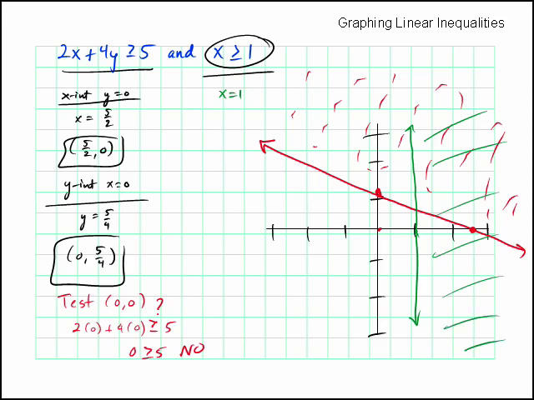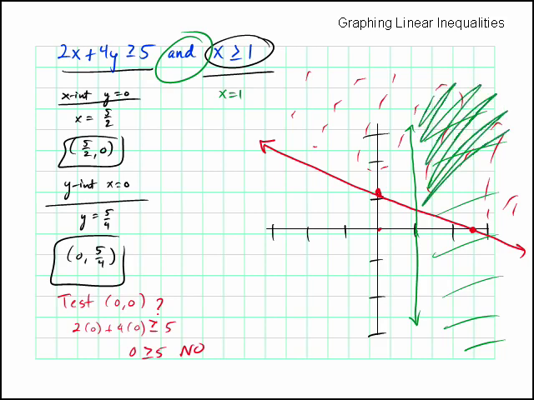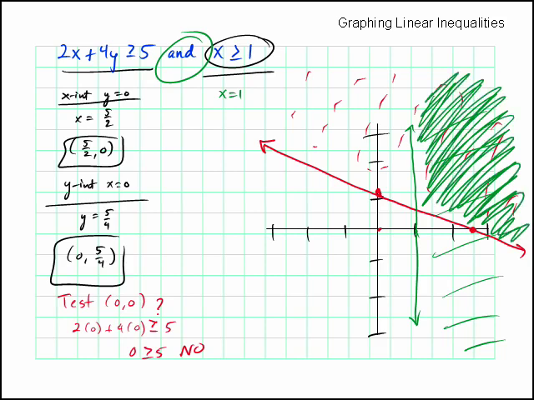Now graph both of them at the same time. They are combined with an and. An and means that we want the overlap, and the region which is shaded twice, or the overlap, is right there. And so this is our solution region for this compound inequality. Okay, that's it.